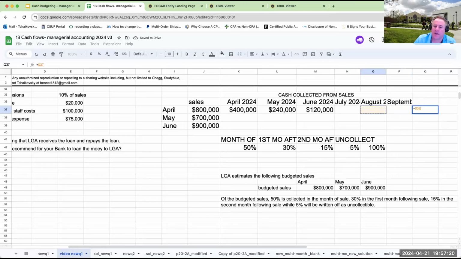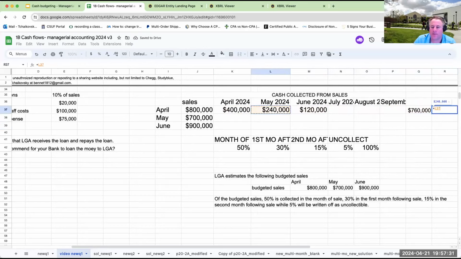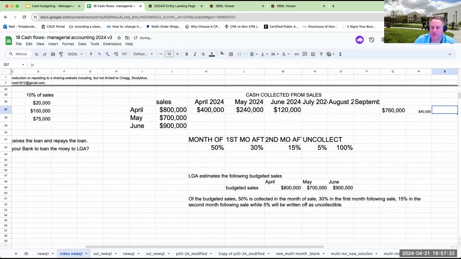Now, if I add up these three amounts, I'm going to get 760,000. Now, is this correct? Well, I'm writing off 5%. So the total amount of my sales are going to be 800,000. So the 760 is correct.